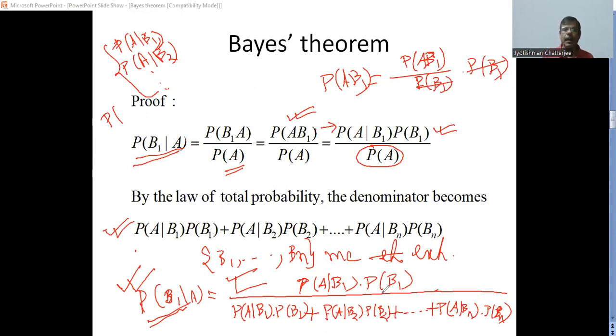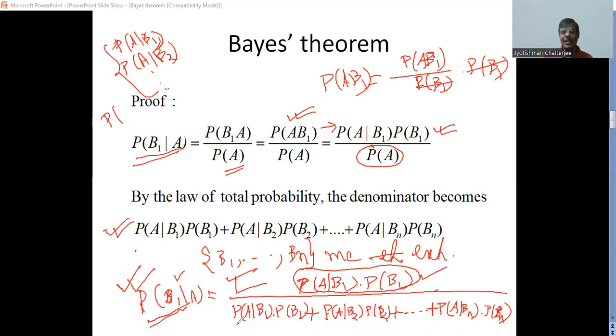First, it's a ratio of two things. The numerator is just the order is flipped. Probability of A, you are trying to compute P of B1 given A. And in the numerator, what you get is P of A given B1 multiplied by P of B1. And once you get this expression, the denominator is a repetition of those things with all other i's, not only B1, but with B2, B3 up to Bn.